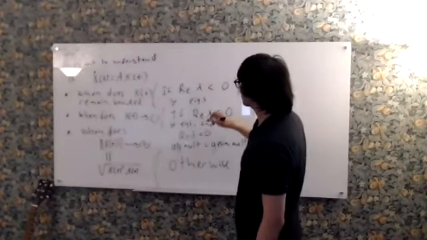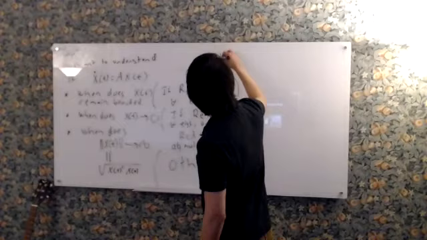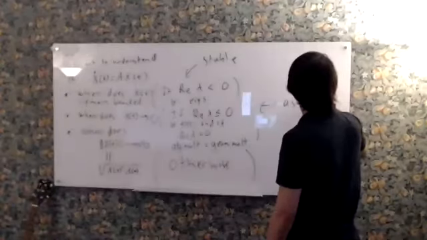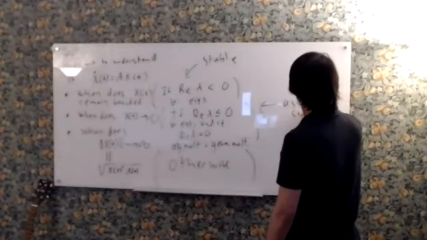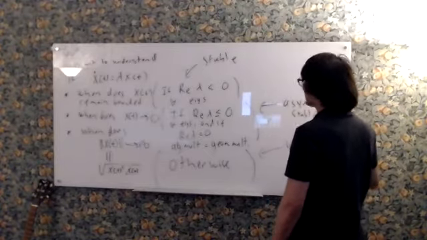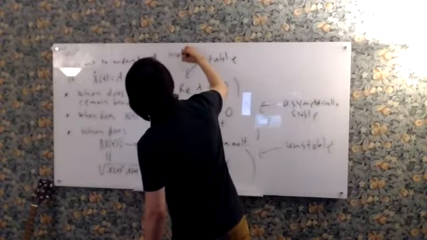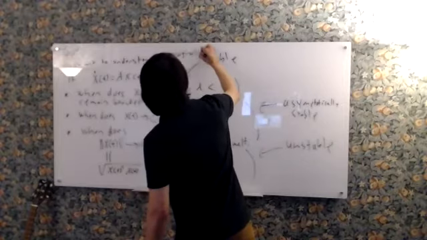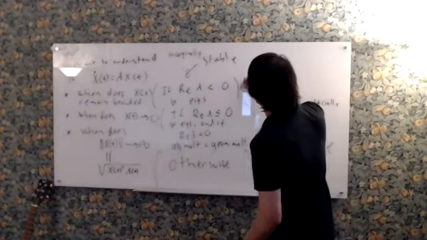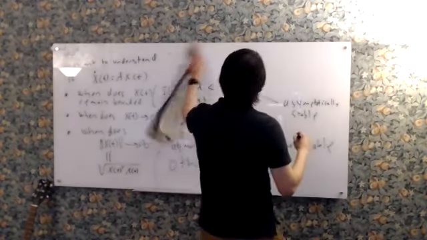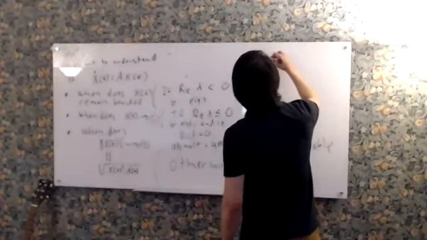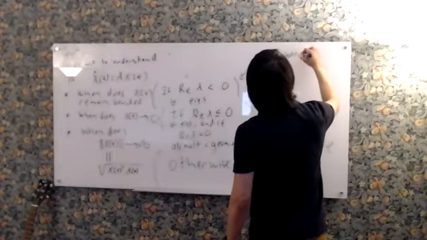So this is what we're going to call stable. This is what we're going to call asymptotically stable. And this is what we're going to call unstable. Oftentimes, this is just called marginally stable. Oh, no, this is the asymptotically stable case. Sorry, I was pointing arrows in the wrong direction.